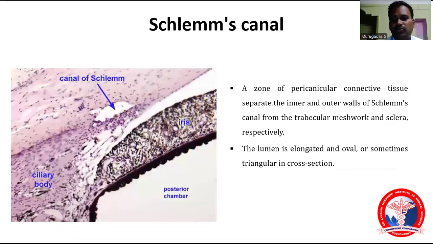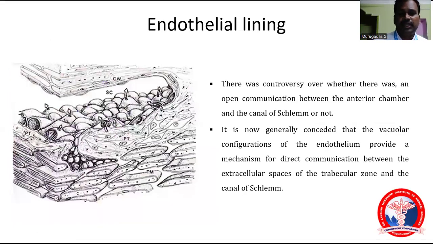A zone of pericanalicular connective tissue separates the inner and outer wall of Schlemm's canal from the trabecular meshwork and sclera, respectively. The lumen is elongated and oval, or sometimes triangular in cross section. You can see here the cross section of Schlemm's canal.